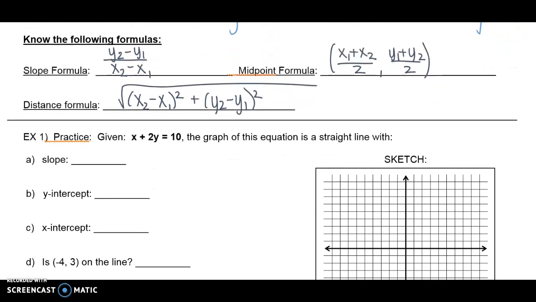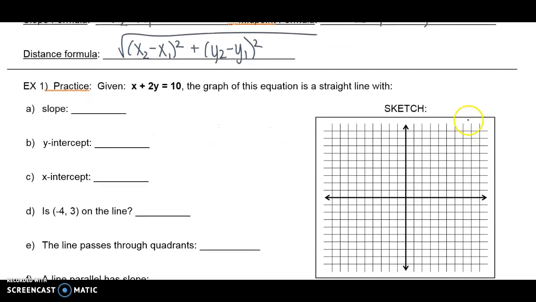Okay, so let's practice graphing given this function. We're given x plus 2y is equal to 10, and we want to graph this equation in our graph on this right-hand side. Before I graph, I'm going to go through each of these examples, which I think will help us to graph.